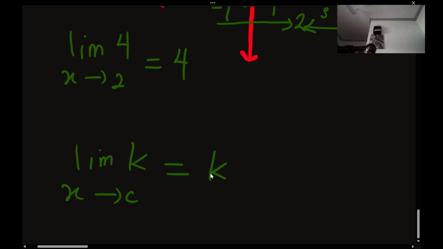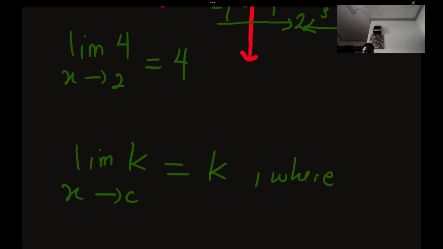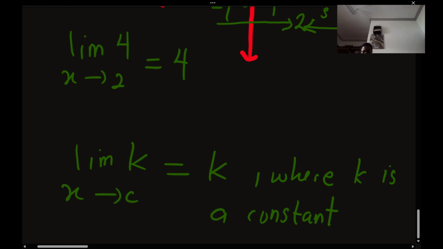So anytime you have a constant function, where k is a constant, and you have to find the limit of that function as its input approaches a certain value, that limit becomes the same constant.